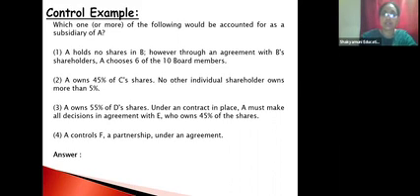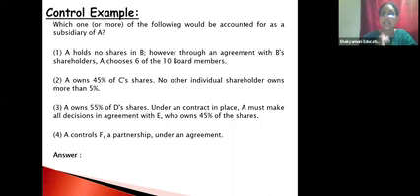Point number 1. A holds no shares in B, 0 shares in B. However, through an agreement with B's shareholders, that means B's 100% investors, A chooses 6 of the 10 board members.